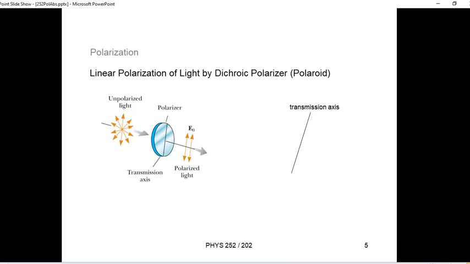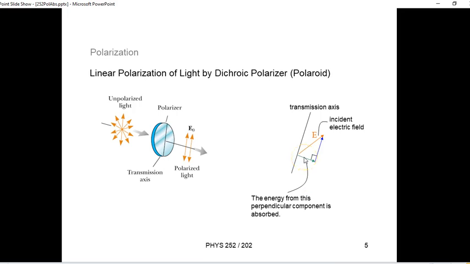So, for instance, here's the transmission axis, right? If I have, let's say, my electric field pointing like that at some moment, I can think of this field vector as having two components, one perpendicular to the transmission axis, one parallel. The energy from the perpendicular component is easily absorbed.